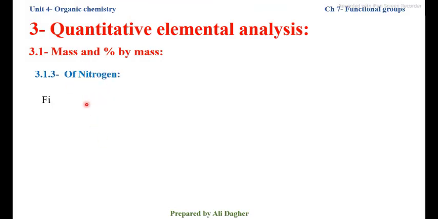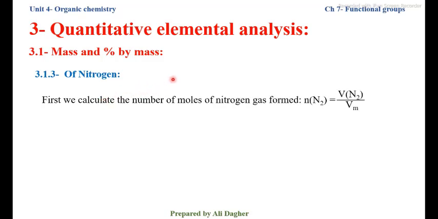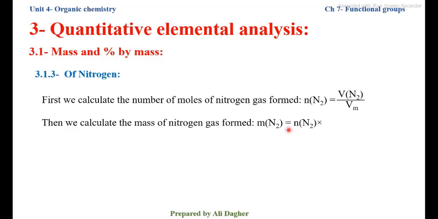Now for nitrogen. We obtain nitrogen gas. Based on the volume of N2 given, we can deduce the number of moles of nitrogen gas formed by the following relation: number of moles of N2 equals volume of N2 over Vm, the molar volume of gas. Then we can calculate the mass of nitrogen gas formed by the relation: mass of nitrogen gas equals number of moles times molar mass of nitrogen gas.